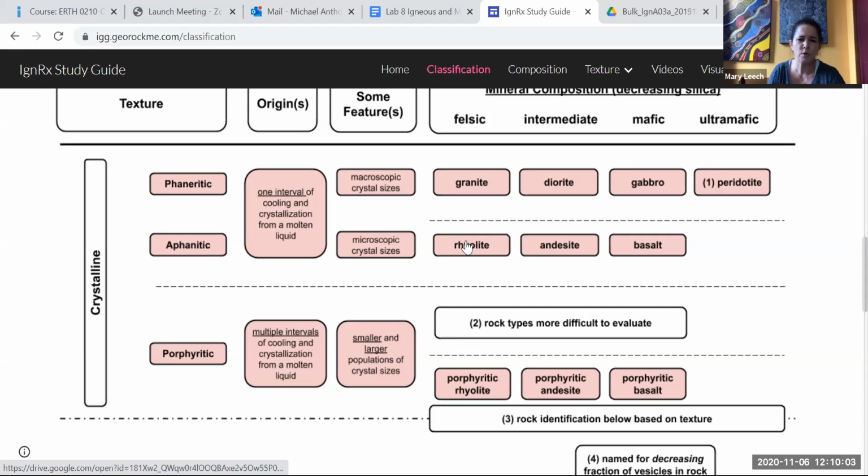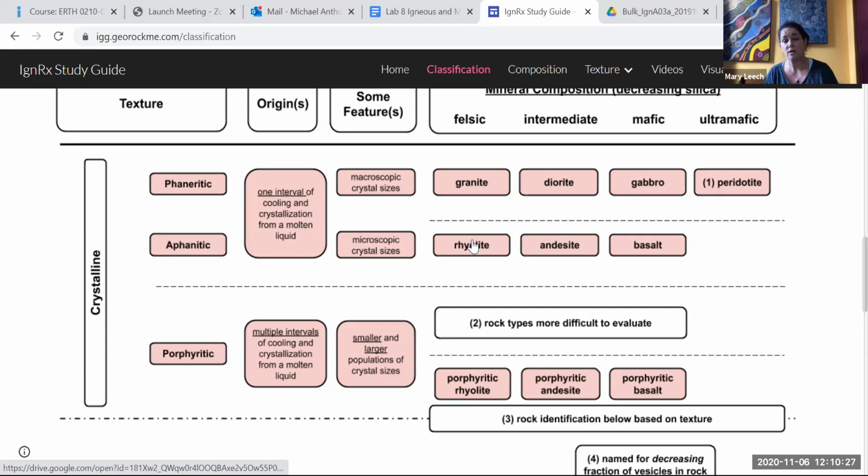Because I saw you were headed towards tuff, which would have been a good guess, actually, because a fine-grained felsic tuff with no bigger fragments in it would look very similar to a rhyolite. So you weren't off in that sense, and I probably would have given you credit.